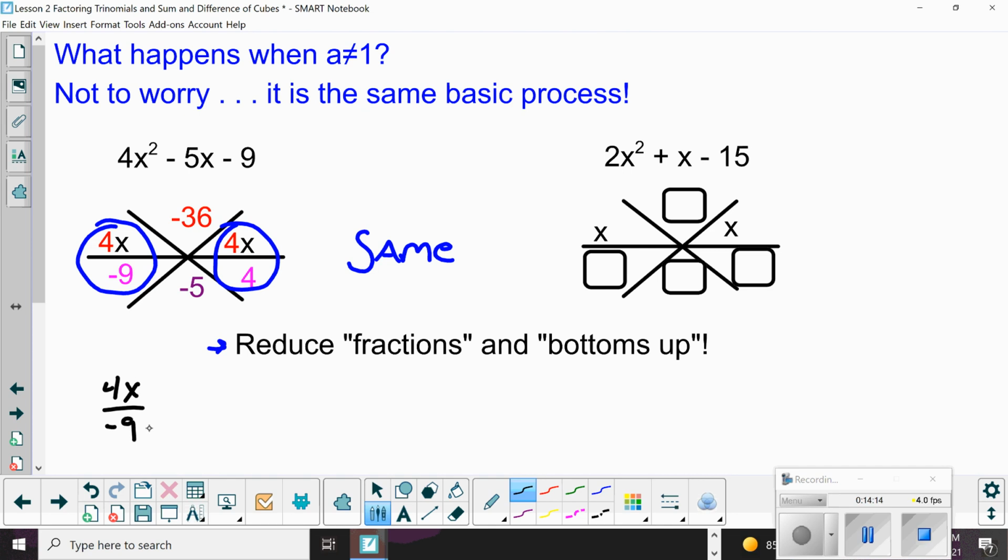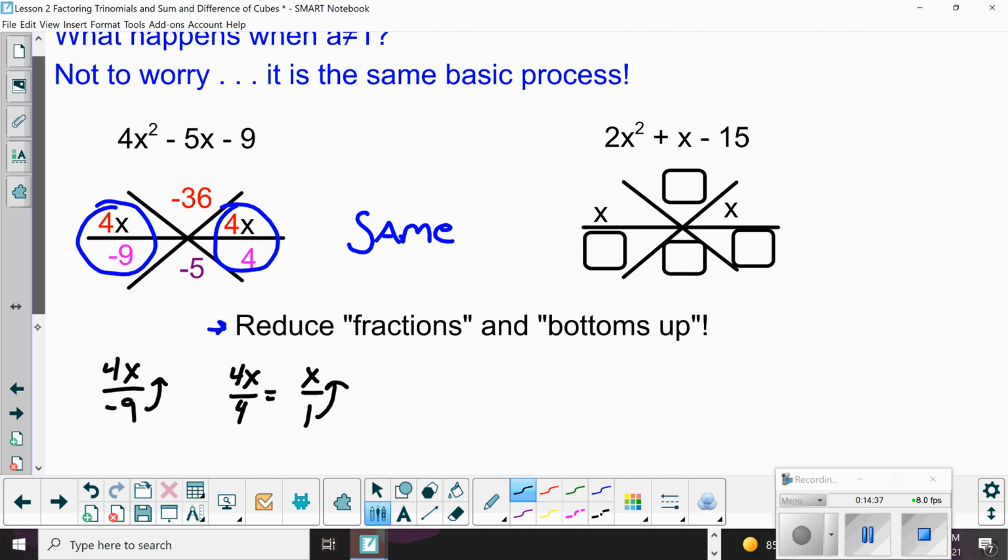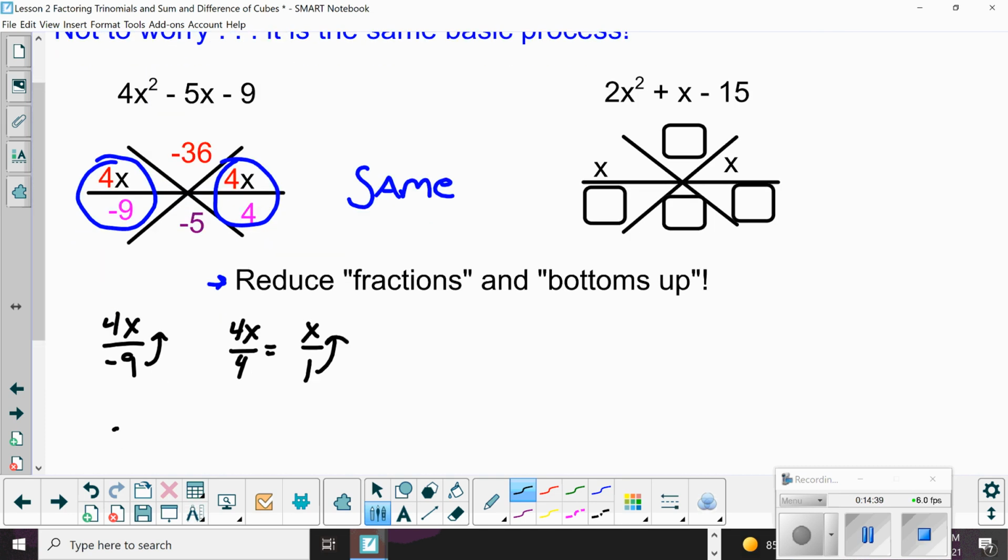It doesn't reduce, so I'm just going to do bottoms up. Over here, I have 4x over 4. This reduces to x over 1. You still need a denominator. Don't get rid of the denominator, because the 4's cancel. 4 will go into 4 once. Now you can bottoms up, and your final answer is going to be 4x minus 9 times x plus 1.